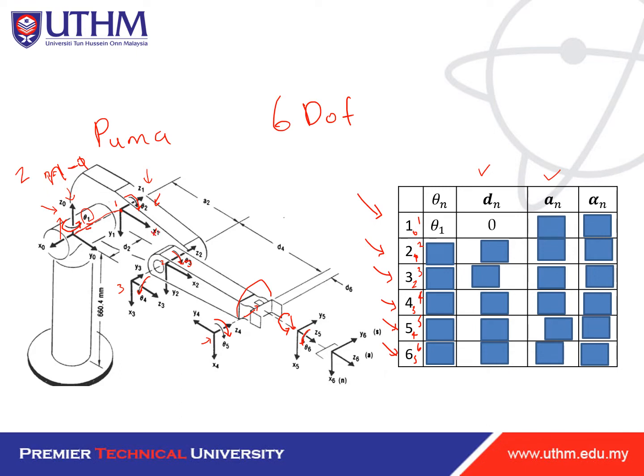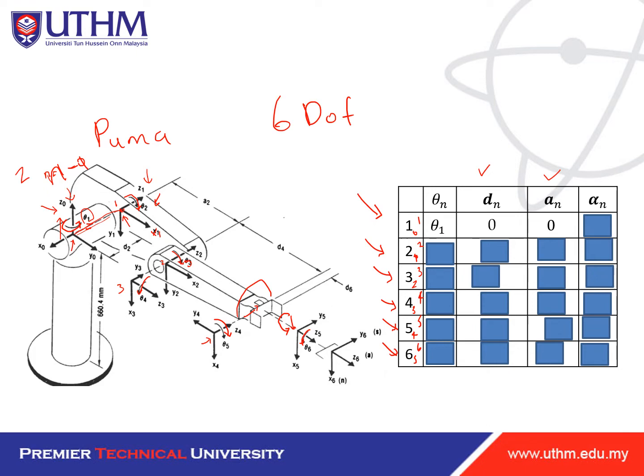So this is the x1 axis. So we want to move so that the origin of frame 0 will become the same as frame 1. But we can see here both of the frames are at the same position, so we don't need to do any movement. Therefore, A1 is equal to 0.